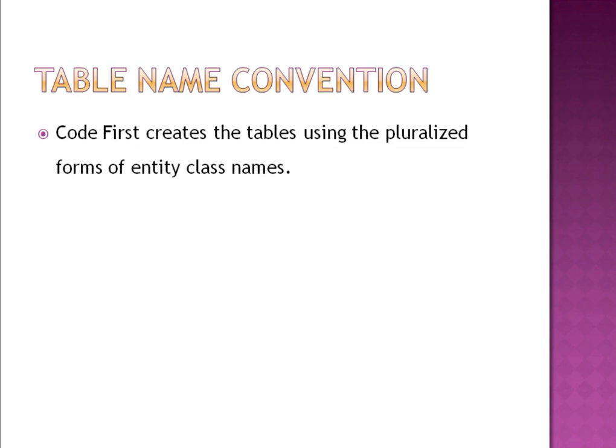The pluralized form of Customer is Customers, so your table name will be Customers. Suppose you created a class Employee. Your table name will be Employees. Based on the English language, it will put either S or ES, and that name will be assigned to your table.